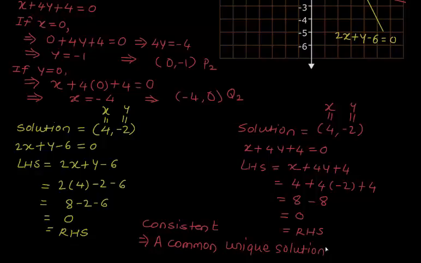There will not be any other solution to this linear equation apart from this intersecting point. So we call these two linear equations as consistent linear equations.